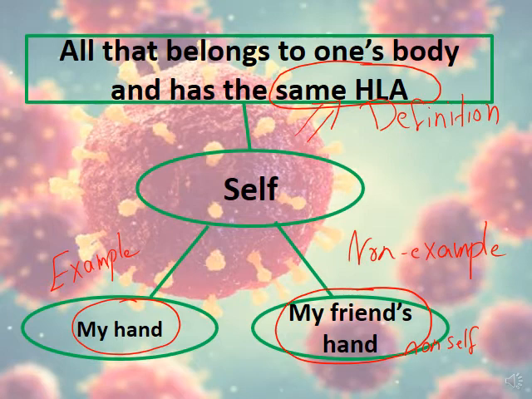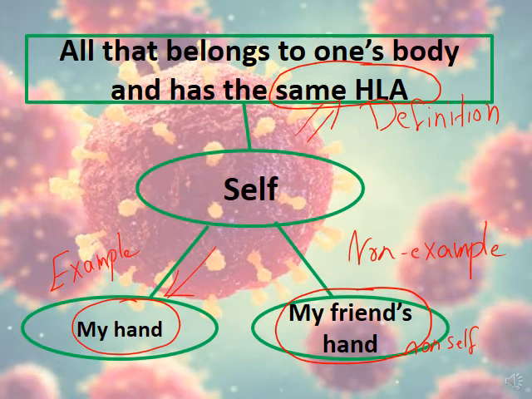So as revision, what is the self? Self is all that belongs to one's body and has the same HLA. Examples: my hand, my liver, my pancreas, my kidney, my stomach, my eye. Non-examples: my friend's hand, my friend's kidney, my friend's nose. All of them are non-examples.